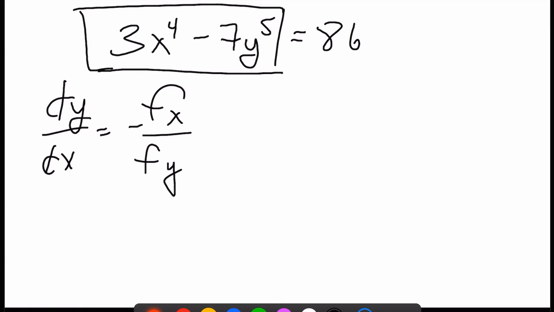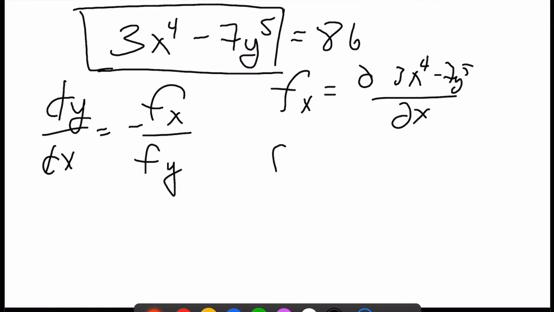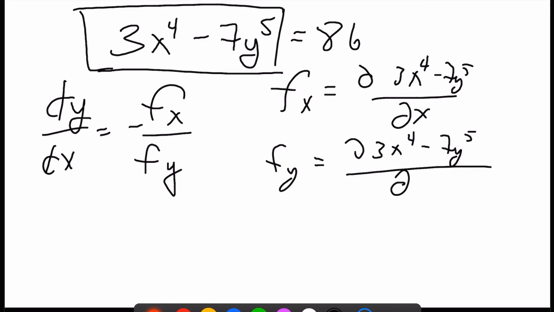Yes? I'm going to find f of x, right? Which is the partial of 3x to the 4th minus 7y to the 5th with respect to x. Or f of y, which would be the partial of this thing. Now you're saying, hey, idiot, there's an 86 there. I don't care. Why don't I care about the 86?